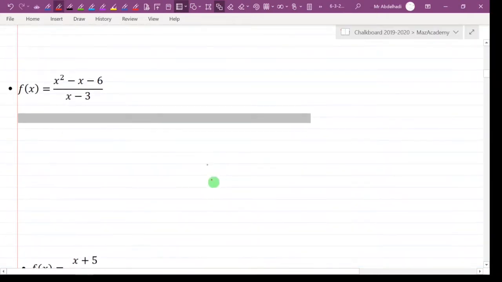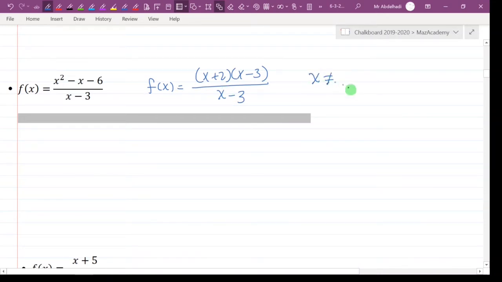Once again, fully factored form, right? So we're going to write this in fully factored form. The top can be factored. In fact, it's the same top as before, so it's x plus 2, x minus 3, and the bottom is x minus 3. Now, before you do anything else, write down your domain restrictions. Your domain restriction is that x cannot equal what this time? Well, what would create a 0 in the bottom here?